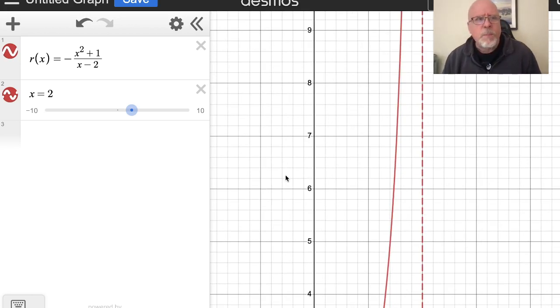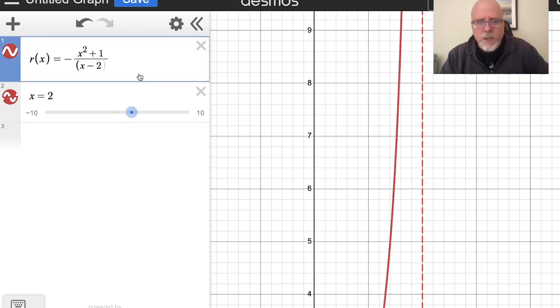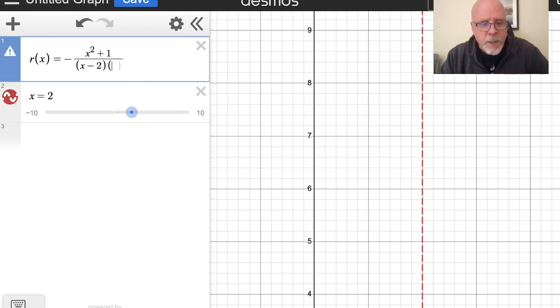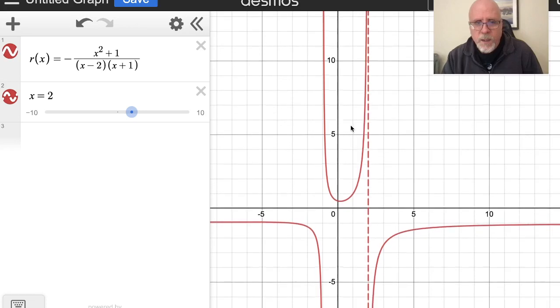It's possible to make yourself have vertical asymptotes, and here's a good trick. You use the factored form of the thing to create whatever vertical asymptotes you want. Like I have one here at 2. I can also put a factor in the bottom like x plus 1. And now I'm going to have a vertical asymptote also at -1. Let me zoom away a little bit and we'll see it.